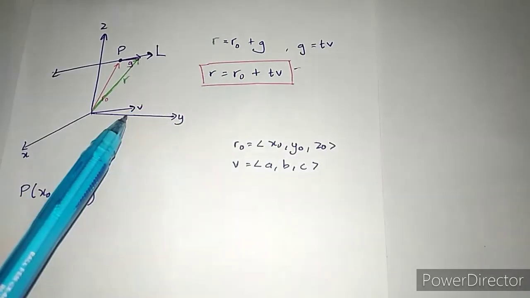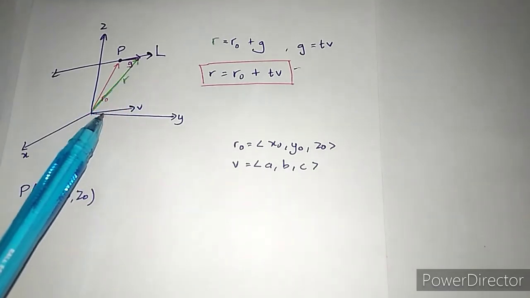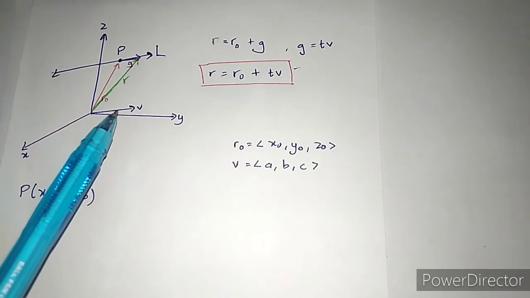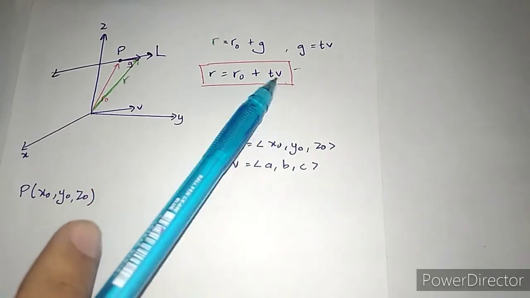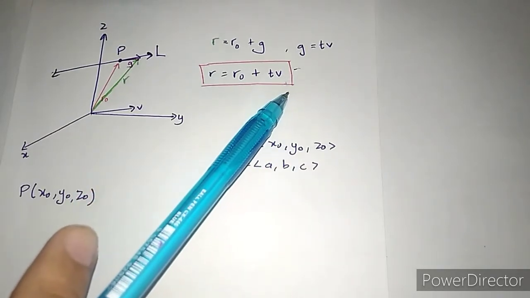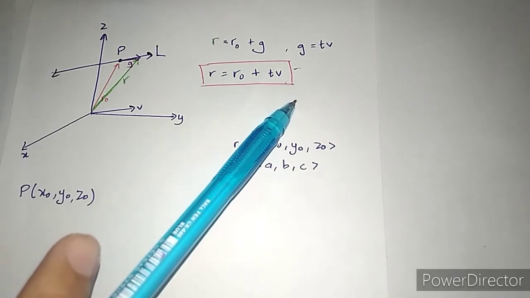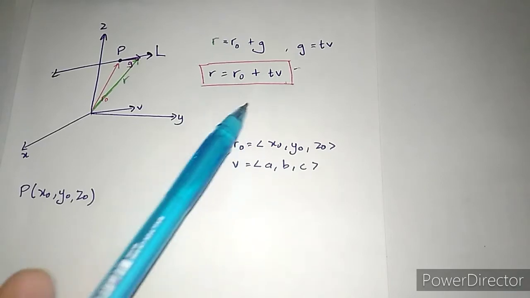Now, vector g is going to be parallel to vector v. Because they're parallel to each other, g is going to be some scalar multiplied by v. So we set t times v, so that the vector equation of the line is r0 plus t times v.